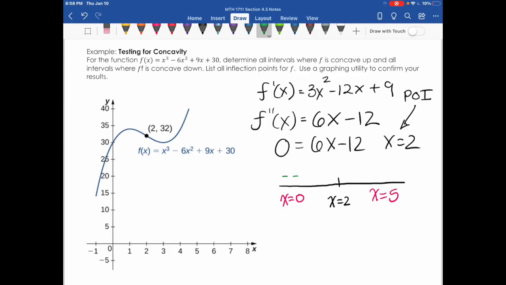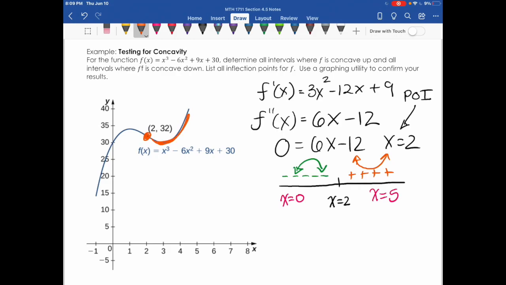If I plug 0 into the second derivative, I get a negative value, which tells me we're concave down on that interval. When I plug in my test point of 5, I get a positive value, which means my concavity is up on that interval.